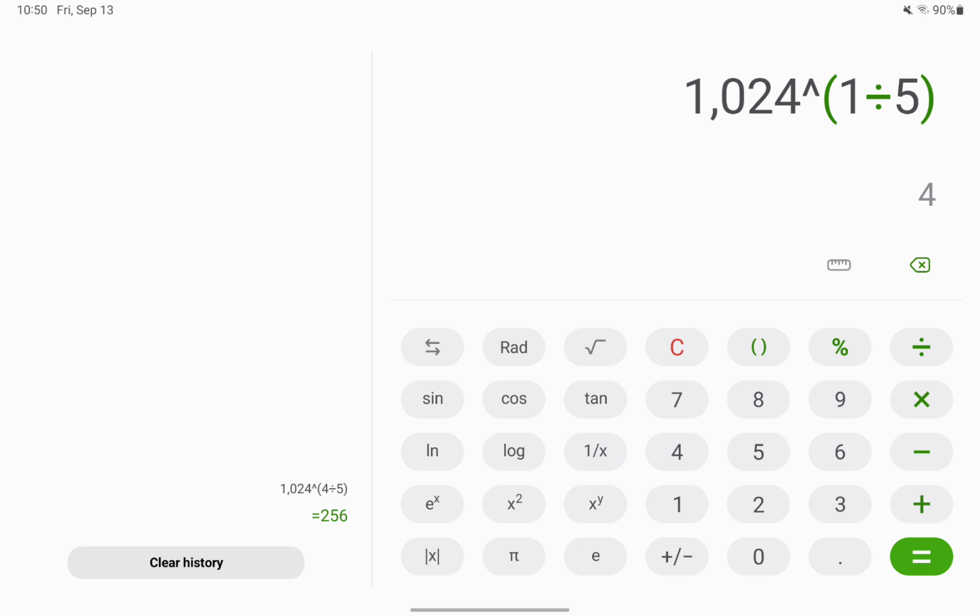So that's taking the 5th root of 1024, and then you can raise that to the 4th power to get the 256. Again, every calculator is a little bit different. You can also figure those out by hand. It just might take a little longer to figure out what number you would have to multiply together 5 times to get 1024. But again, a basic or scientific calculator can get that result for you.